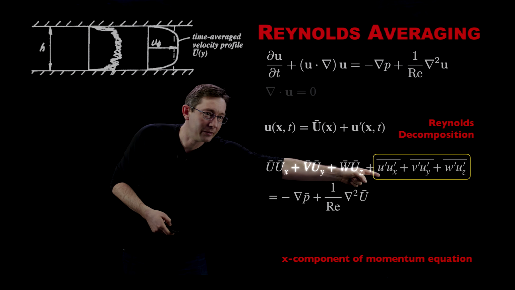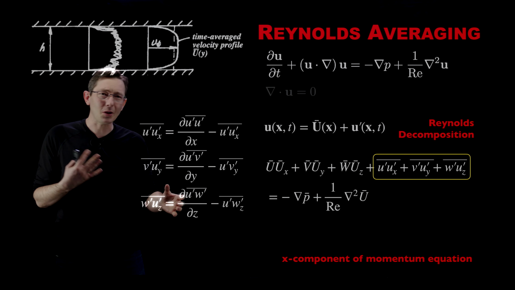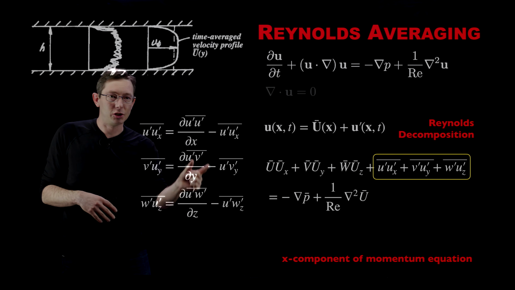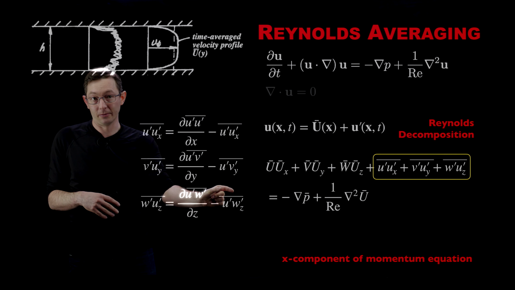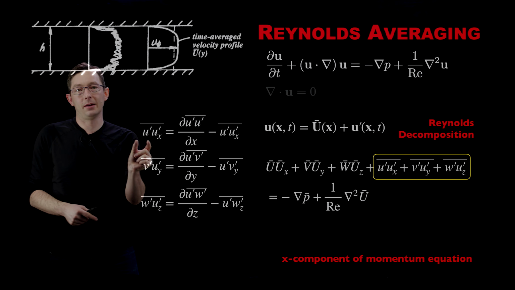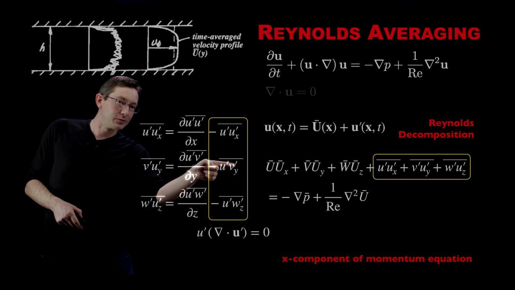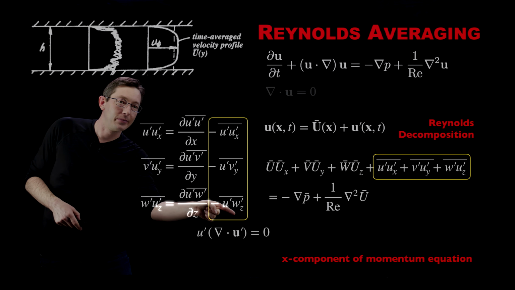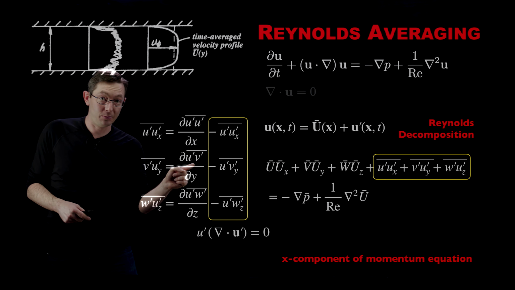I'm going to simplify just one step further. You can use this identity here, which is basically just the chain rule: these middle terms would give you the left terms plus the right terms. I've written it this way because these are the terms that we have on the left here. And notice that every term in this right column, if I added those up, would be the same as little u prime times the divergence of vector u prime.